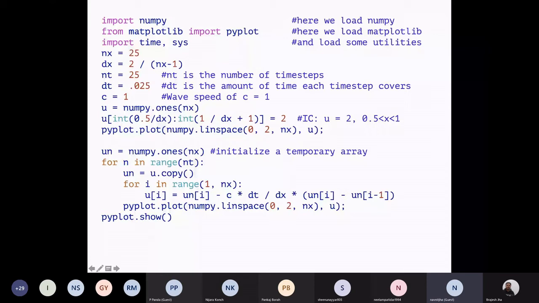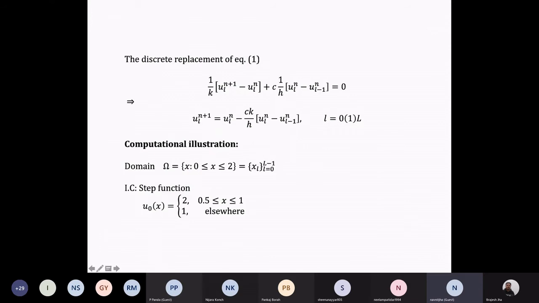nt is 25. That is the number of time steps. And dt is the step size in time direction. And c, the wave speed, is taken as 1. So to begin with, first of all, I have to use our initial condition.